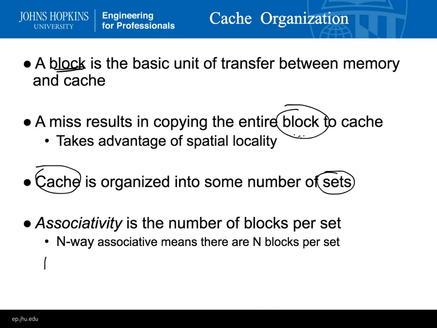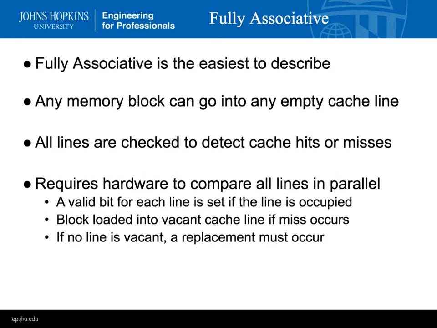In that earlier example, it was 32. And in between, we're going to see a variable number of sets. The first one we're going to look at is the one on the right in that earlier example, fully associative, where a set is the size of the cache. So any memory block can go to any empty cache line.